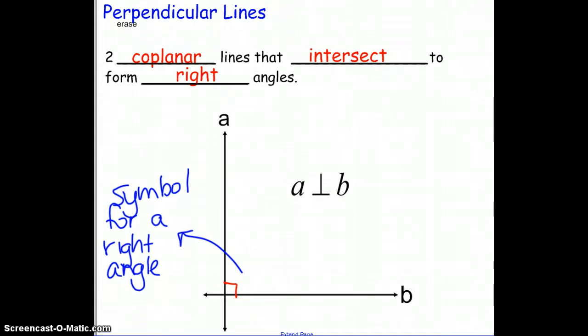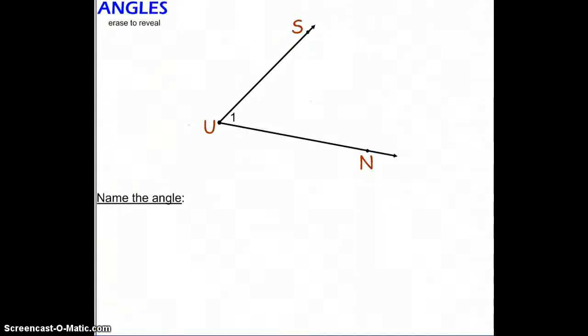Okay, the second objective for this video is to discuss angles and to recall some knowledge and perhaps shed some light and explain a new postulate to you. So when we have angles, an angle is formed by rotating a ray around its endpoint. So that endpoint is called the vertex.